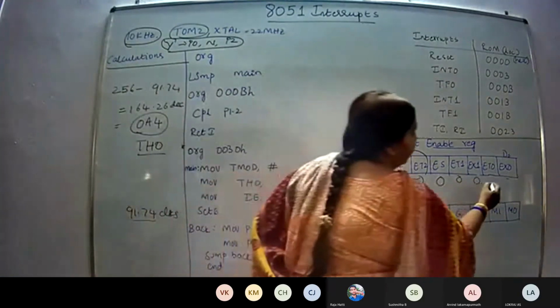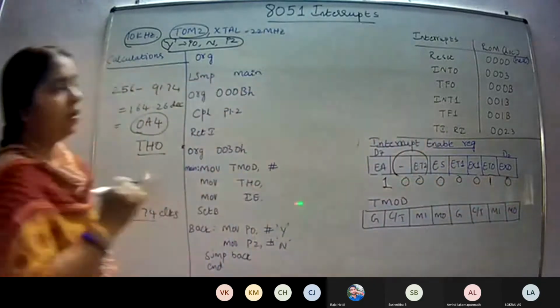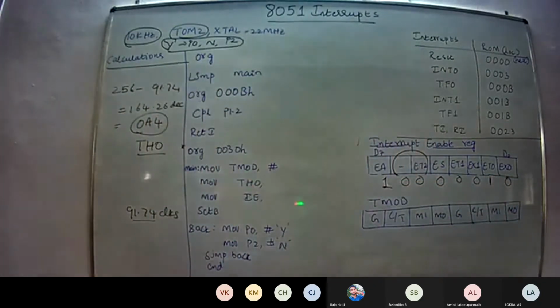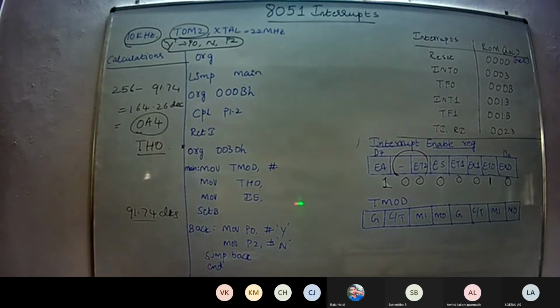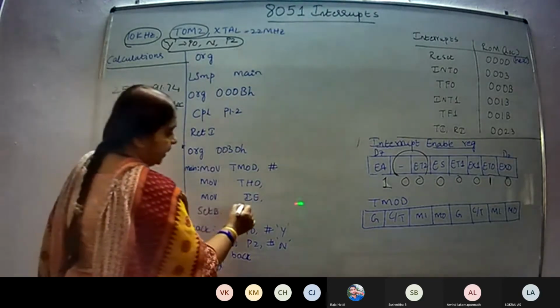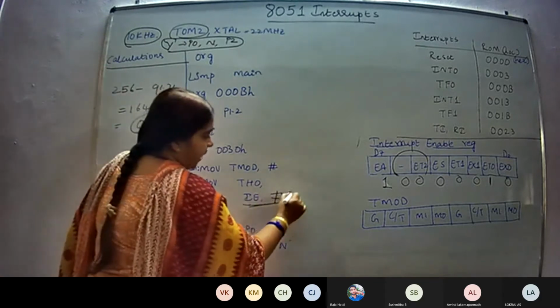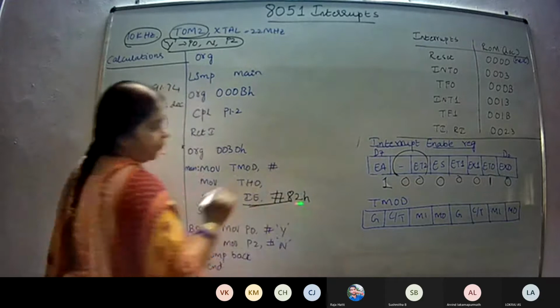External 1 also is not required. But timer 0 is required, and this is not required. Okay, all others are put 0. So what will be the value? The value will be 1000 is 8 and 0010 is 2. So it is 82H. So what should be loaded in interrupt enable? In interrupt enable, you have to load #82H.